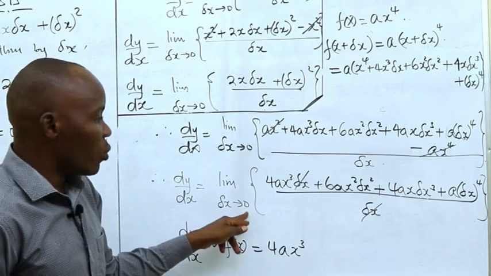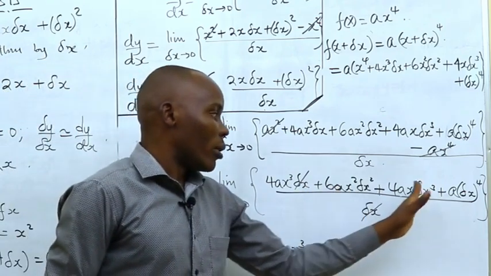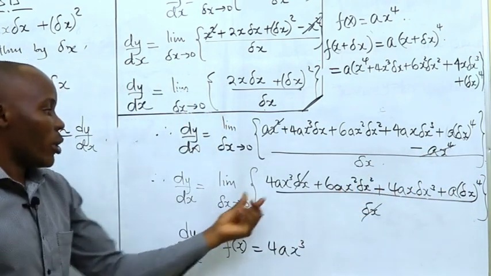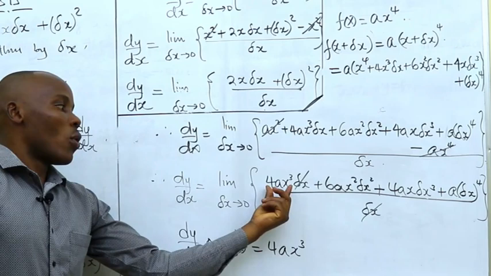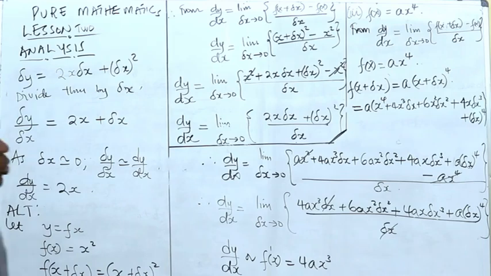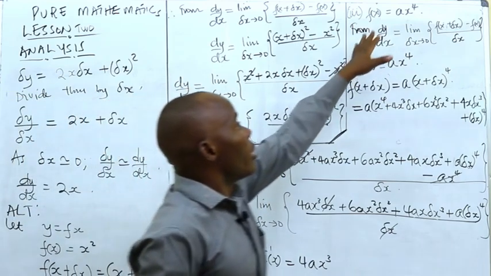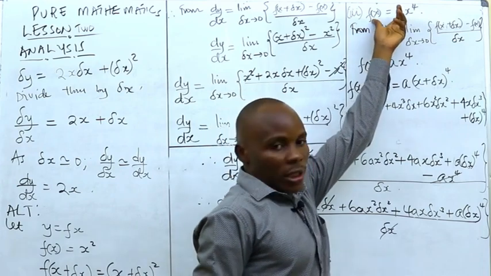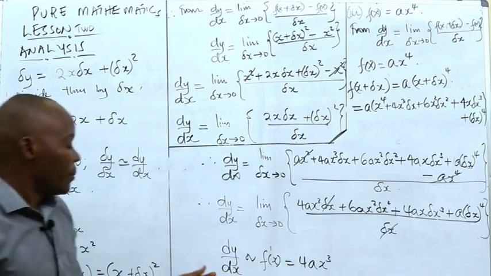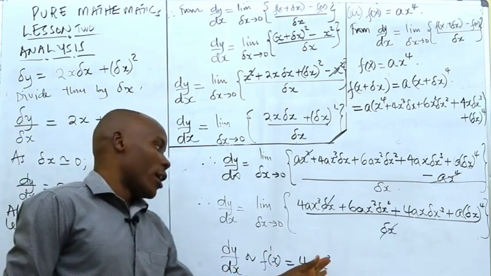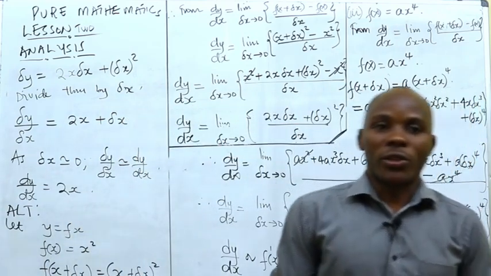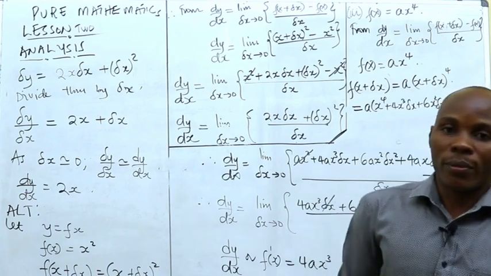So as delta x tends to 0, the whole of this goes to 0, the whole of this goes to 0, and that one also goes to 0. And what do you remain with? You remain with 4ax cubed. Therefore, when you differentiate ax to the power 4, you end up with 4ax cubed. We shall continue from there.